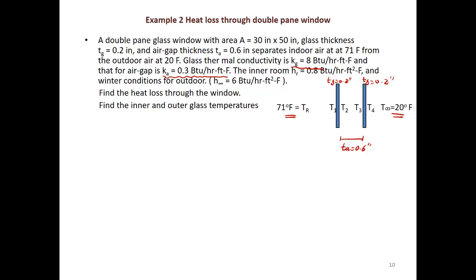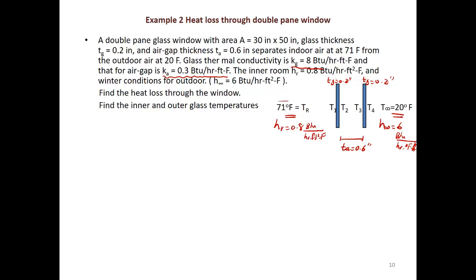The inner room H is 0.8 BTU per hour foot square Fahrenheit, and H outdoor is 6 BTU per hour foot square Fahrenheit. Find the heat loss through the window.